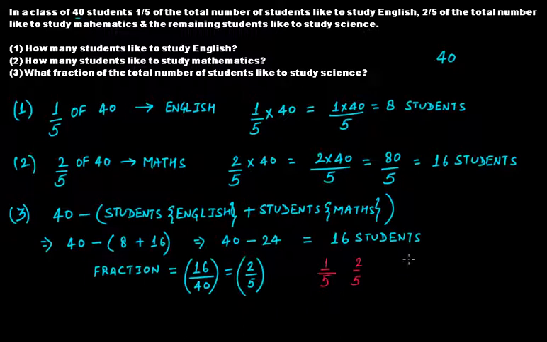If we go by the basic definition of the fraction, the theoretical portion that we had learned, if we assume the total class is 40 students and divide them into 5 equal portions, this is 1 divided by 5, this is 2 divided by 5, that is 1/5 likes English, 2/5 like mathematics. So this 1/5 tells English, and then we have 2/5.